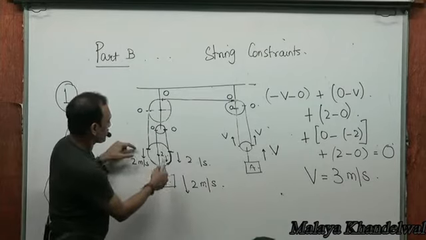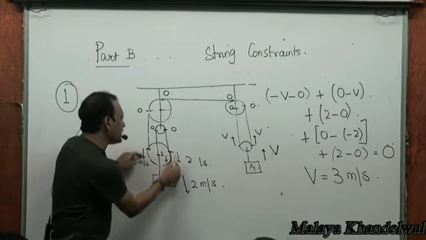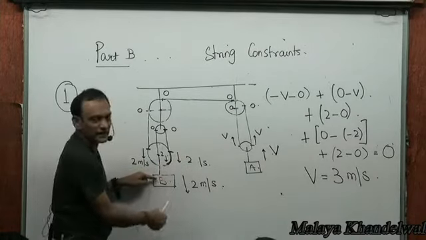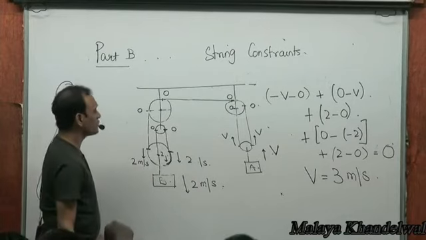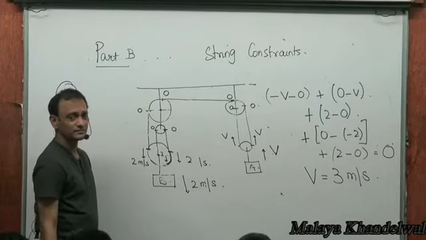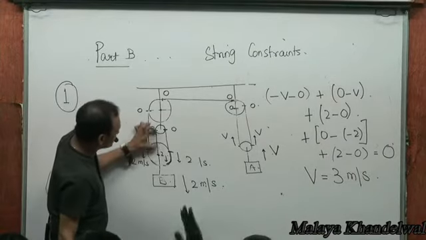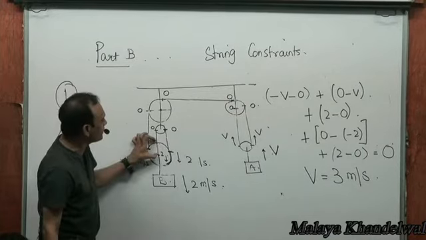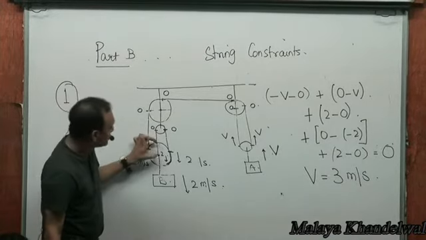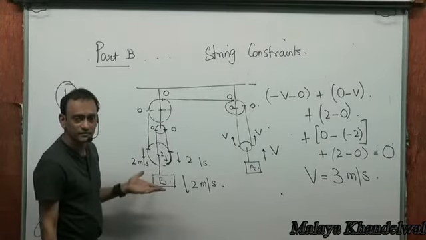Essentially it is attached because that's the only way this pulley has a downward velocity of 2 meters per second. How will it matter really? This will move up and accommodate the lengths. This is a movable pulley. This doesn't have to move. The motion of this will accommodate the required lengths on either side.